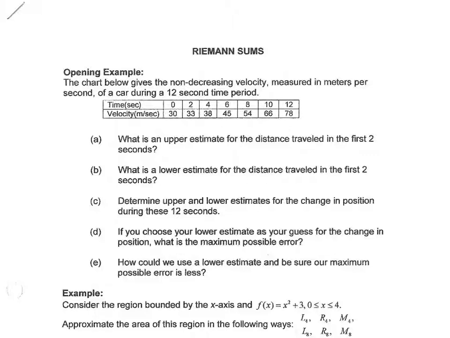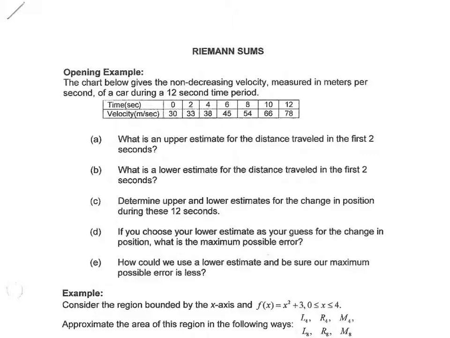33. In the first 2 seconds. Because at 0 seconds it traveled 30. It's 33. What is an upper estimate? 33.